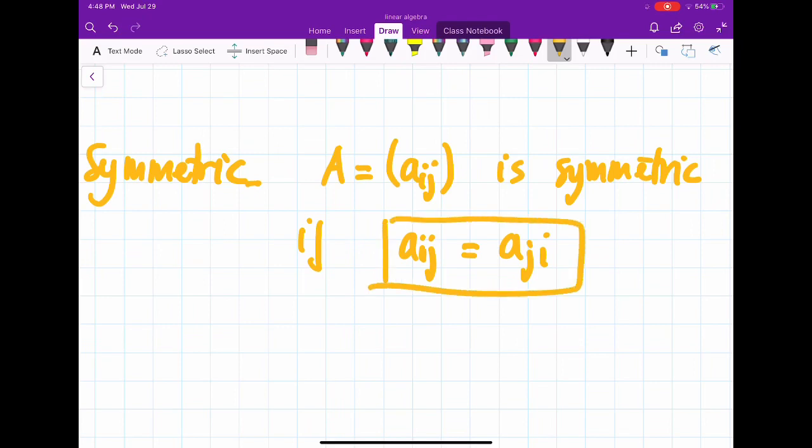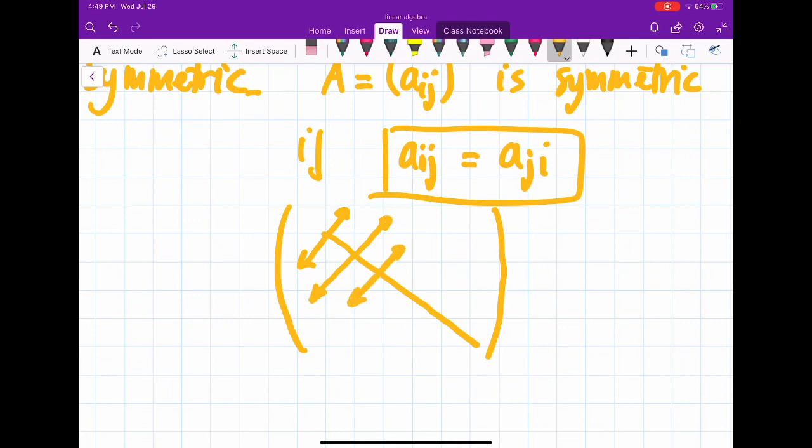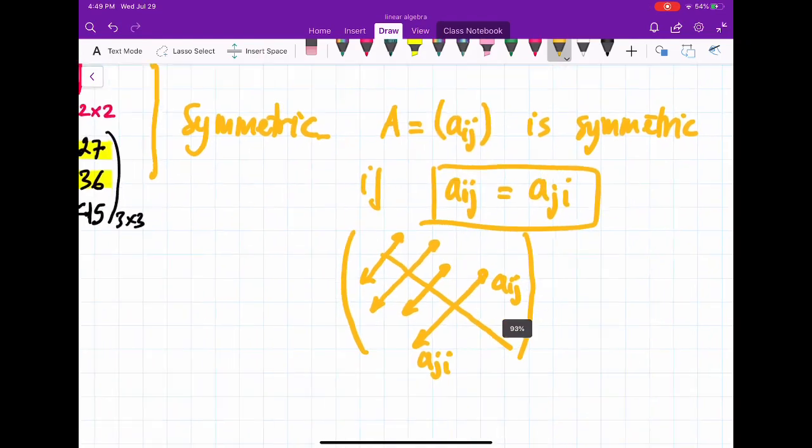So what does it mean? That means you have a square matrix, you have the main diagonal in here, right? All entries that are symmetric with respect to the main diagonal are equal. In any position, if you have A_ij in here, here should be A_ji. And if they are equal for any i, j, then A is symmetric.